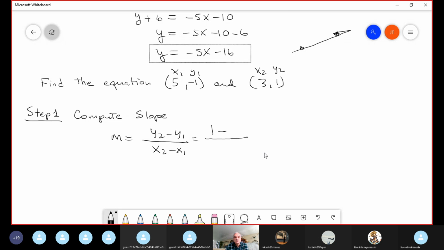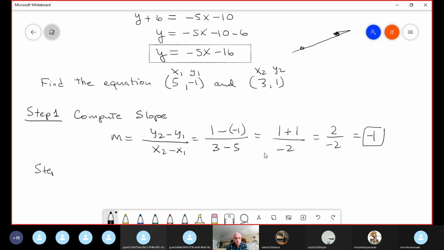Y1 is negative 1. X2 is 3, minus x1, which is 5. On the top we have 1 plus 1, because double minus becomes positive. And 3 minus 5 is negative 2. So 2 over negative 2 is negative 1. This is my slope. This was step 1, compute the slope.